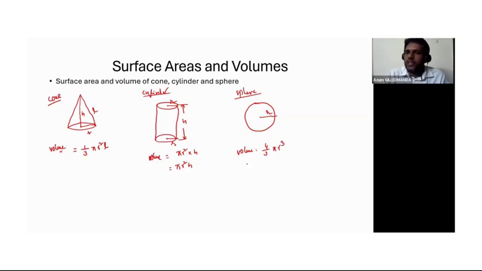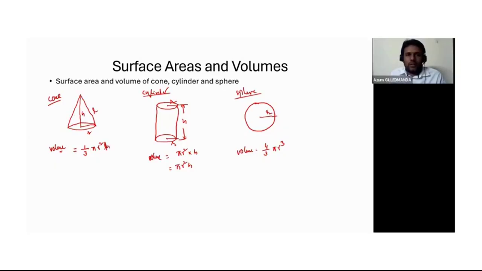So the surface area is 4 pi r square and the volume is 4 by 3 pi r cube. We need to remember that. And for the cylinder, it's pi r square h. And for the cone, it is 1 by 3 pi r square h.